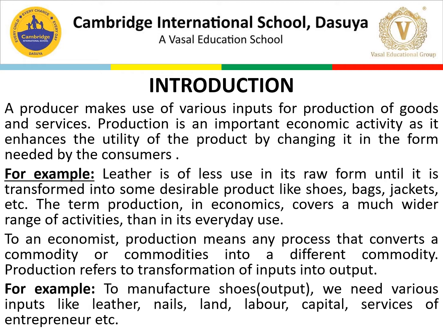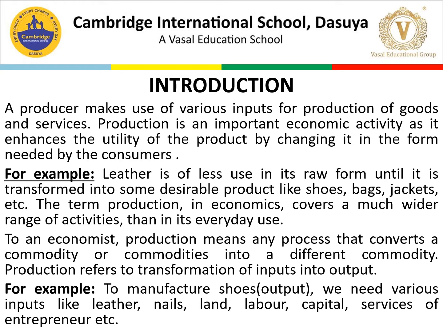Now we have one example for this. Leather is of less use in its raw form until it is transformed into some desirable products like shoes, bags, jackets, etc. When we buy leather in the raw form, it might be in the form of a sheet, which is not useful for us.